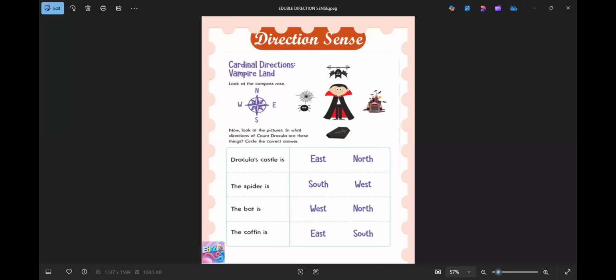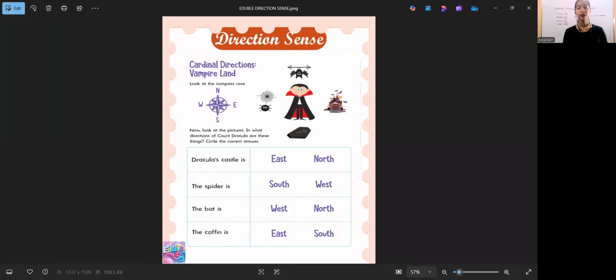So kids, as you can see, we have a worksheet over here in which there is a Dracula, and above the Dracula there is a bat. On the right hand side there is a castle.